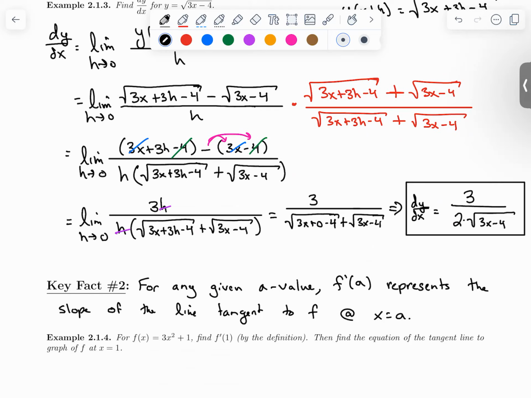Any given a value, f prime of a represents the slope of the line tangent to f, the original function, at x equals a. So f prime of a is not a line, right? It's just the slope portion of the line. Which is pretty miraculous if you think about it, given our history of functions. Like in Math 126, we talked about the library of functions.